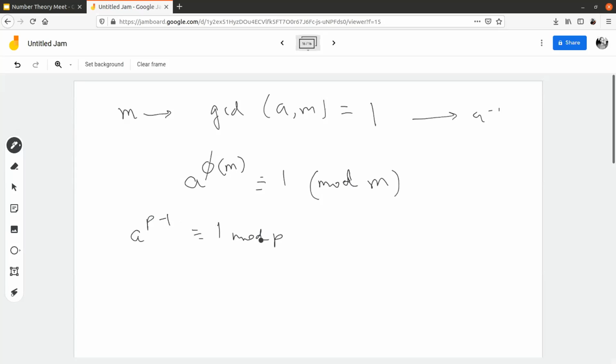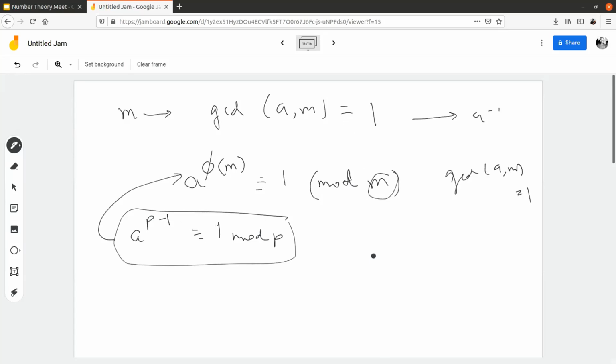That I proved. Now Euler generalized it for any number m, with the co-prime condition holding as I said, but m is not necessarily a prime. m can be any number. The only condition is that GCD of a and m has to be 1. I'll prove this later, but I'll explain what phi of m is.